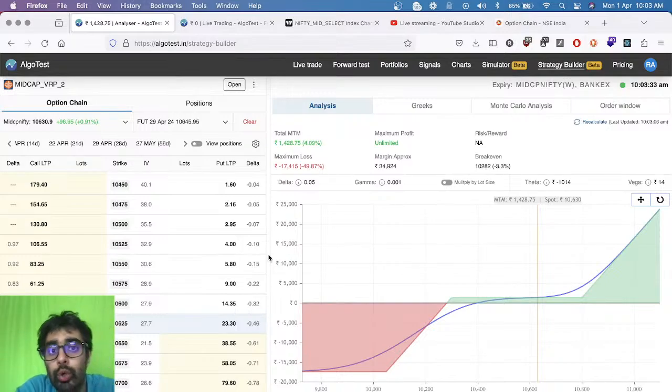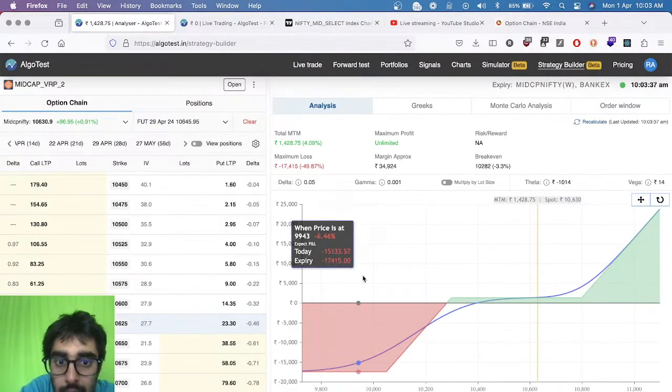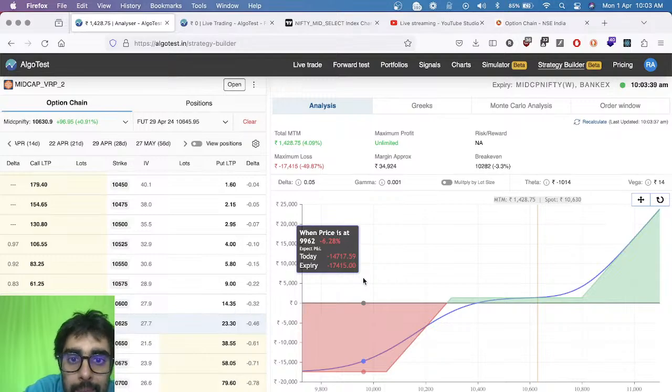And I'm not really sure what midcap is going to do for the rest of the day. If it makes a move back down, we'll make money. But the core principle of this trade, the way I am trading it, is that I don't want to trade on 0 DTE, because whatever I get on 0 DTE is pure gamma and delta, and I don't want that. What I want is volatility, right?